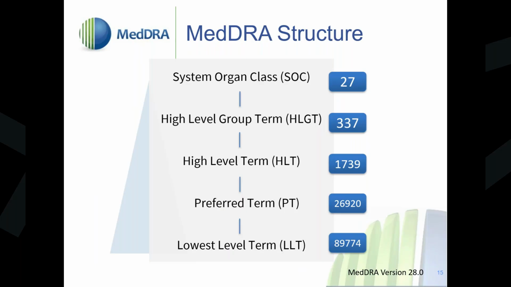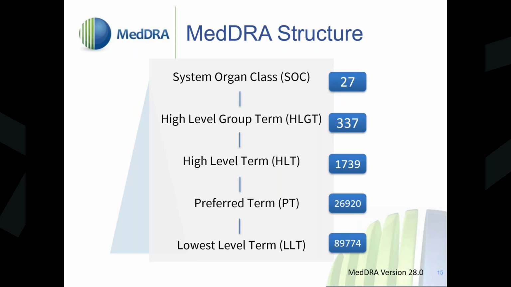So all those siblings of headaches that we talked about, the pounding headache, the frontal headache, the occipital headache, they also have a sibling LLT of headache. And that sibling LLT of headache is repeated at the preferred term level because it was selected to represent the concept of headache. So you see the differences in counts between the LLTs almost at 90,000 versus the preferred terms at about 27,000.